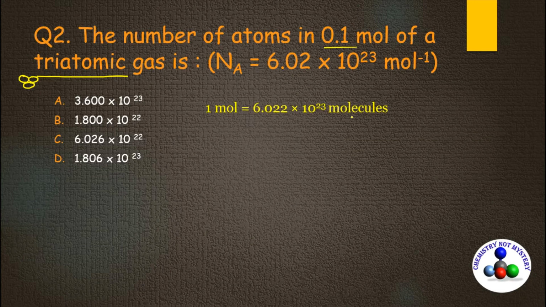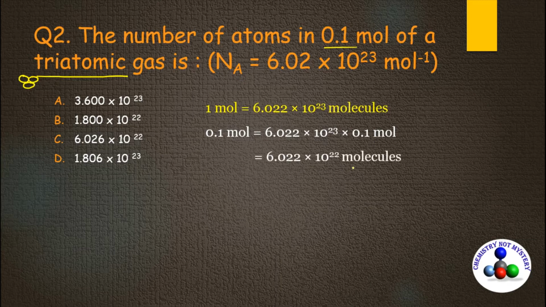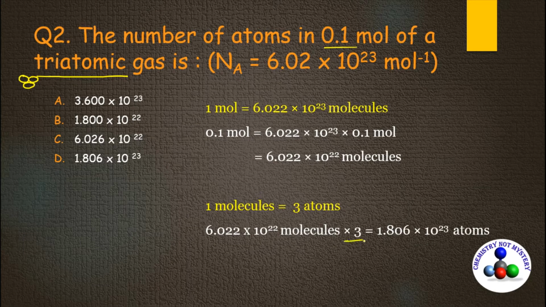So you just have to multiply 0.1 mole by this number and you will get the number of molecules. Now you have the number of molecules and we know the gas is triatomic. That means you have to multiply the number of molecules by 3 to get the number of atoms. Let's go to the next question.